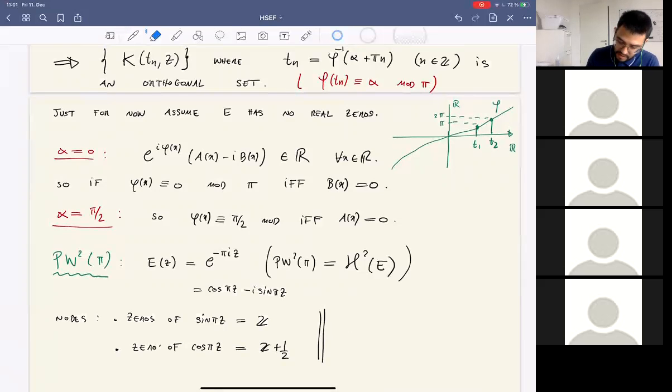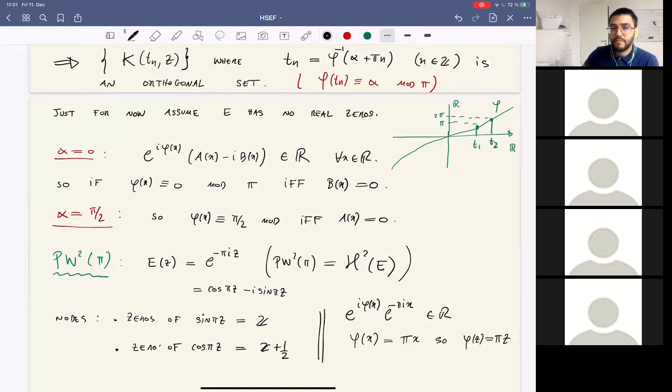And obviously, I want to multiply by e to the i phi of x so that this is real, and there are a bunch of ways to do that, modulo adding an integer multiple of pi, but we could just take this to be pi x. And so phi of z is just pi z.